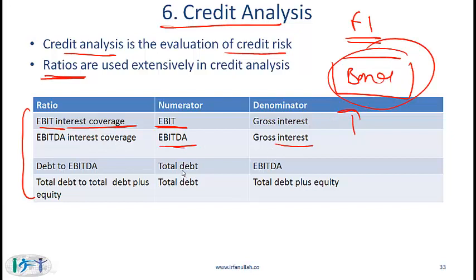Here, ideally, you want relatively low debt divided by EBITDA, and you want relatively high EBITDA. EBITDA is a rough measure of how much cash the company is generating. So if the debt level is low and the amount of cash or EBITDA is high, then you have a low ratio. Low ratio would imply relatively low credit risk.